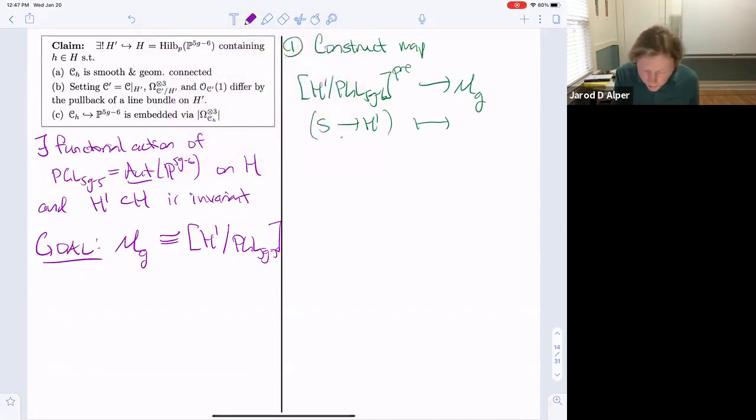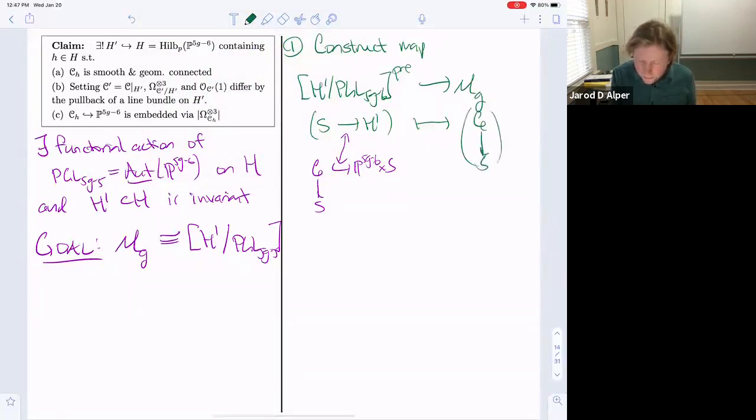But remember, H prime is a sublocus of the Hilbert scheme, so this itself corresponds to a family of curves over S and an embedding into projective space. So we can just send this to the corresponding family.